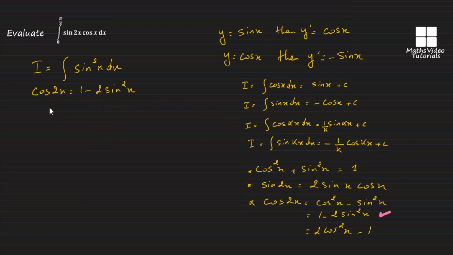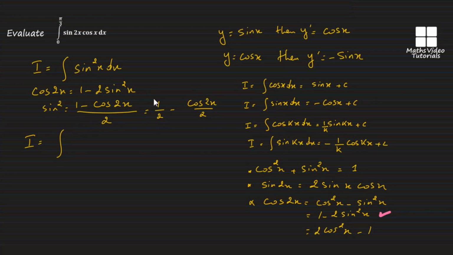By making sine squared the subject, it will be identical to (1 minus cos 2x) over 2, because there's a 2 there. Now I can write it as 1 over 2, split the fraction, minus cos 2x over 2. That will allow us to replace sine squared by this expression, which is much easier to integrate, cos 2x rather than sine squared.